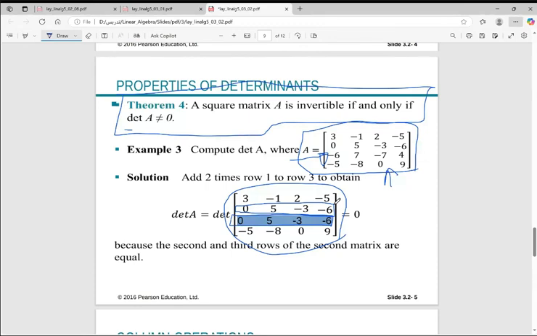Why is the determinant of a matrix whose 2 rows are exactly the same 0? Because after we multiply and minus, it will be 0. No? Because the second and the third row are equal. So then why in such cases is the determinant 0? If we minus one from 1, it will be 0, sure.